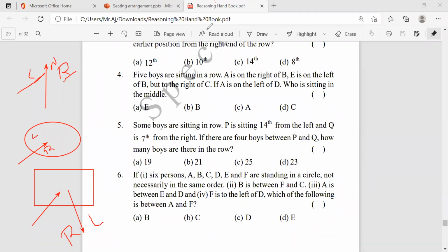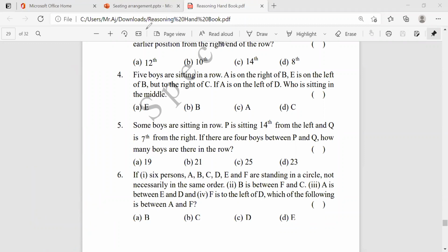Once again, we'll start the problems now. Solve this one. If 6 persons, A, B, C, D, E, and F are standing in a circle, not necessarily in the same order, B is between F and C. That is the first statement. As I said, you need to read all the statements and then start solving the question.